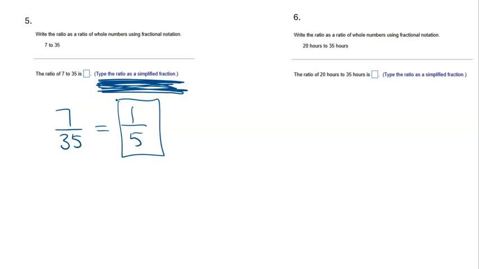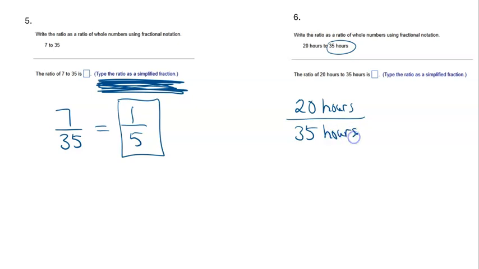Okay, I'm doing number 6 now. Write the ratio as a ratio of whole numbers using fractional notation. So just like the last directions, but this time we have some units. All right, so let's talk about this. Again, the first value listed in the ratio is always the numerator, 20 hours. The second value listed is always the denominator, 35 hours.